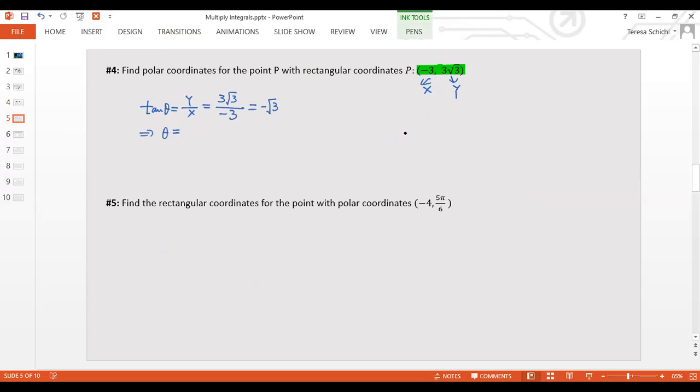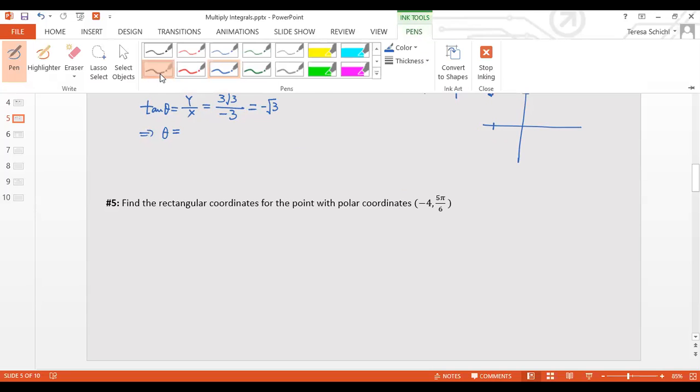Be careful here. If you use your calculator, it will give you the negative value, negative pi over 3, because they treat it as the inverse function. But here, x is negative 3, and y is positive, so you know your point is here.